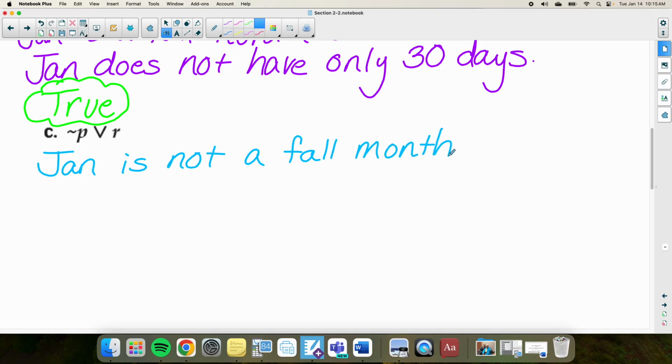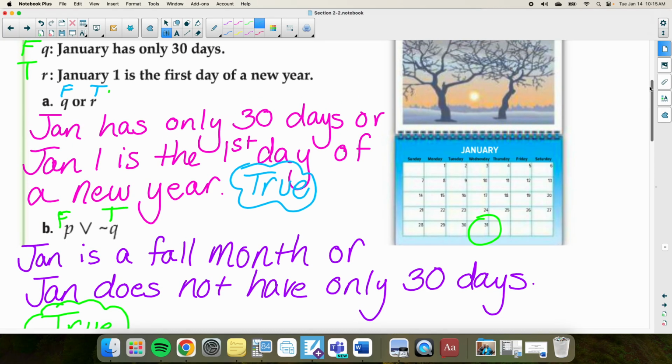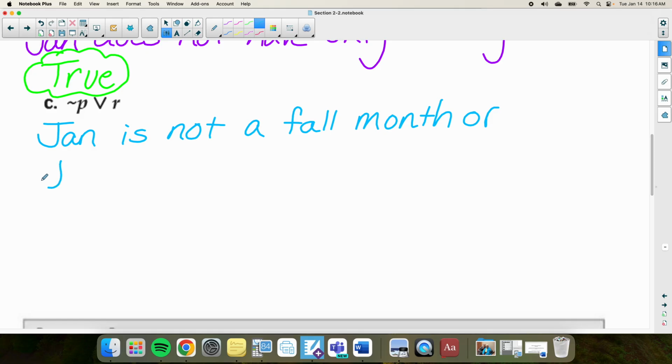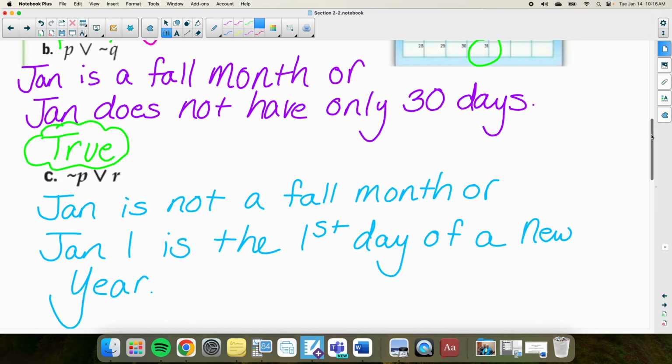Then that V means or, and then I write out R, and R is January 1 is the first day of a new year. And then we have to decide if that is true or not.